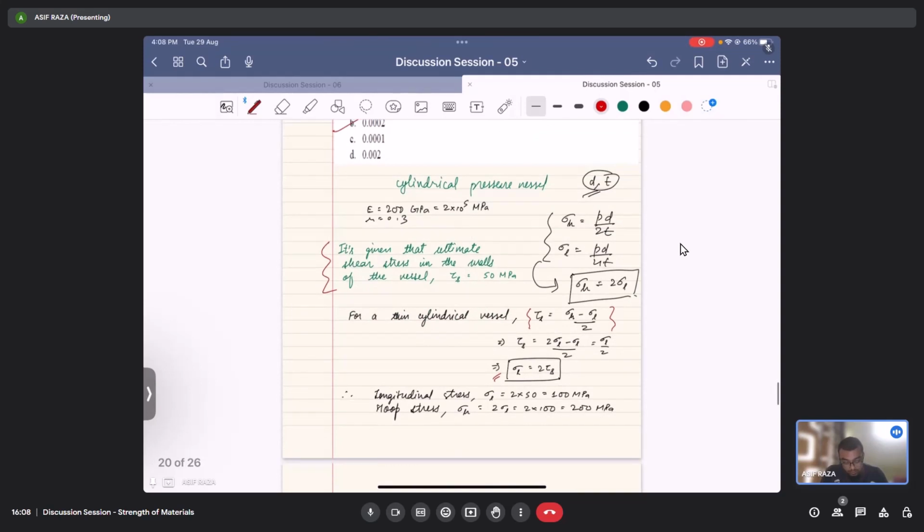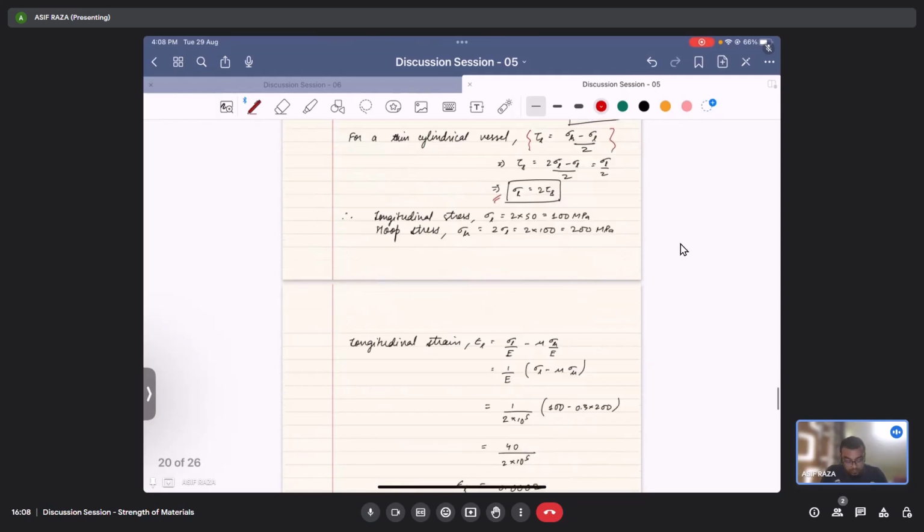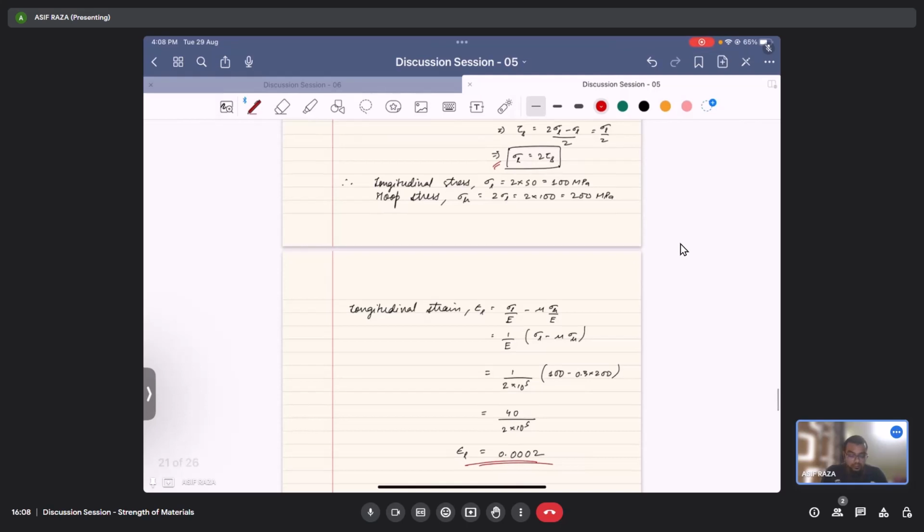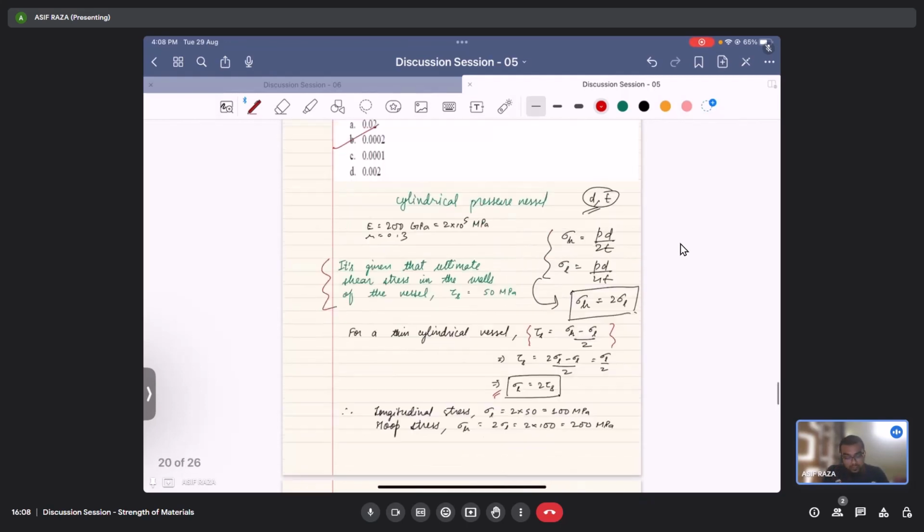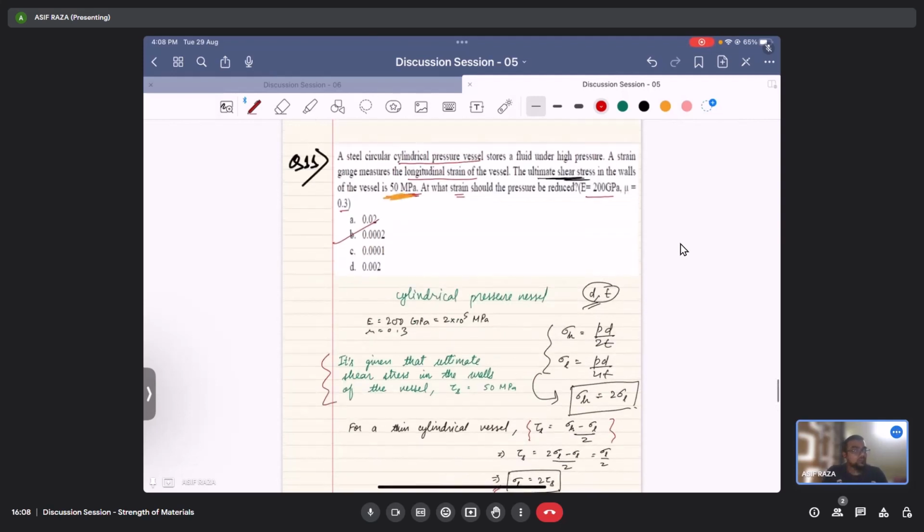Substituting those values we can get the longitudinal and hoop stress values, and after that we get the longitudinal strain by using the formula sigma L upon E minus mu sigma H upon E. Substituting, we get 0.0002. This has been corrected and uploaded in the notes section, so you can check it out.